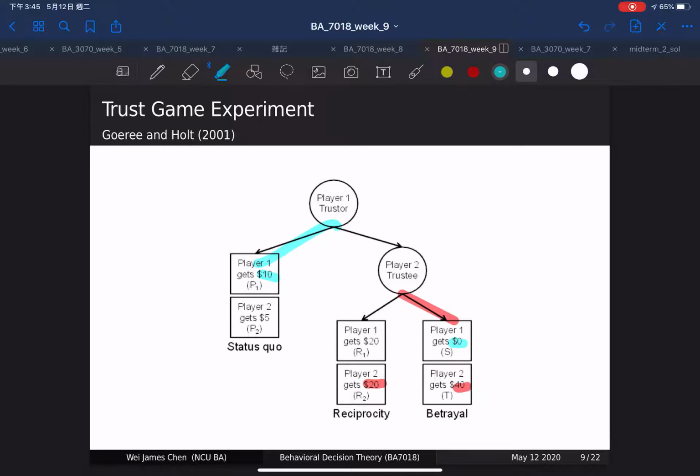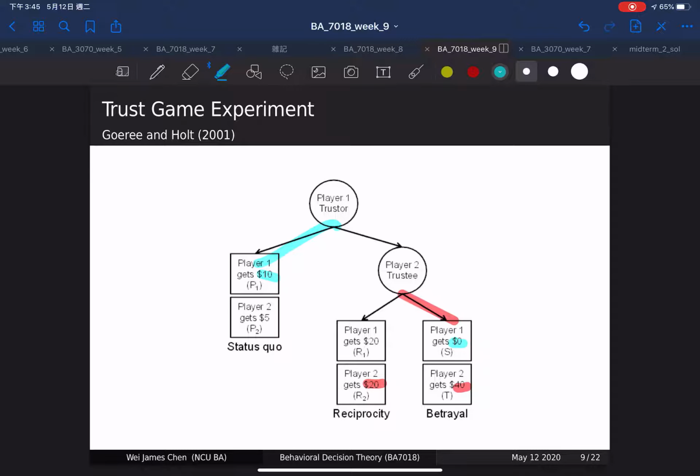Return how much? 0, yeah. And given that you know as the investor that the responder is going to return 0, how much would you invest? Also 0. So that's the theoretical prediction, just like the one I wrote here.